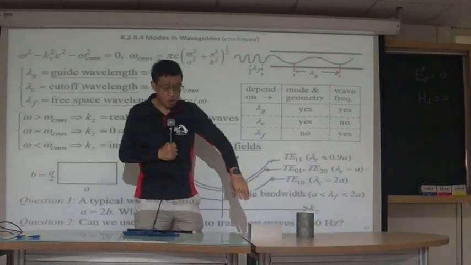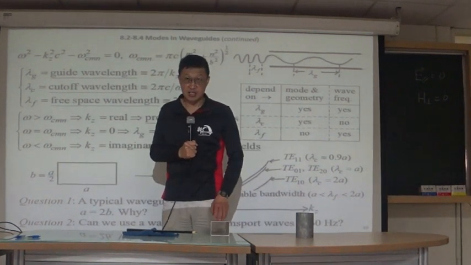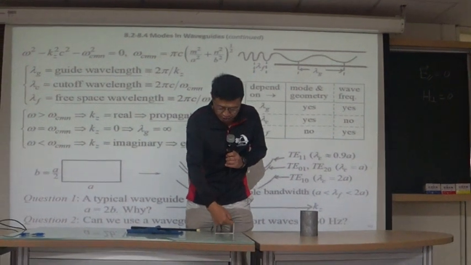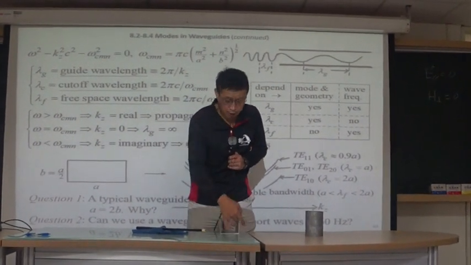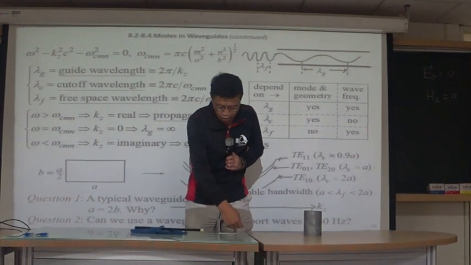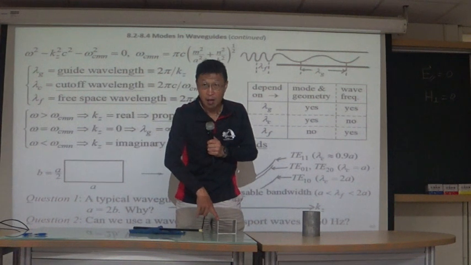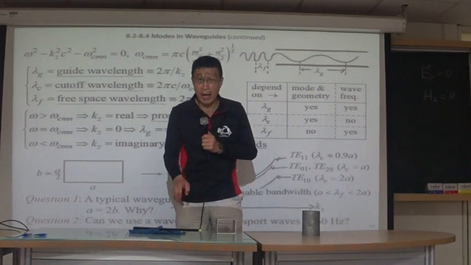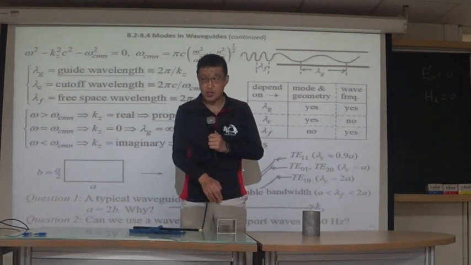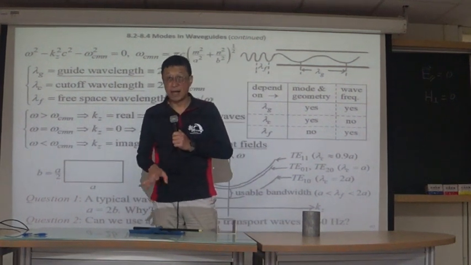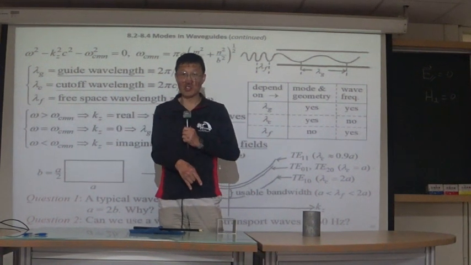Just imagine the lowest waveguide mode for this case has wavelength equal to 2 times this. Okay? So wavelength equals, this is a, this is a, so total 2a. So when lambda equals 2a, that will be the minimum wavelength.